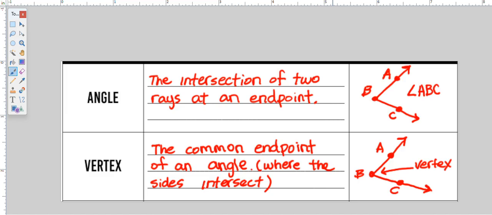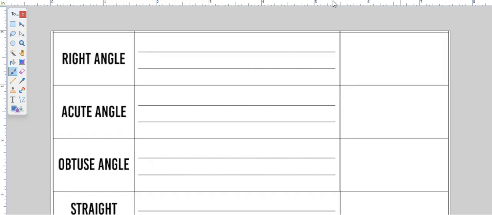Keeping up with angles. Now we're going to talk about specific types of angles. These are things that we have seen. 8th grade geometry. We were introduced to right angles in algebra. Here we are using them now. Okay. Right angles are angles with a degree measure of 90 degrees.